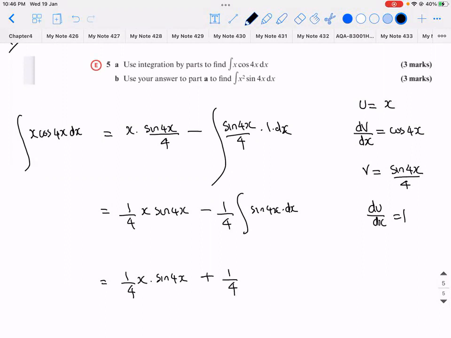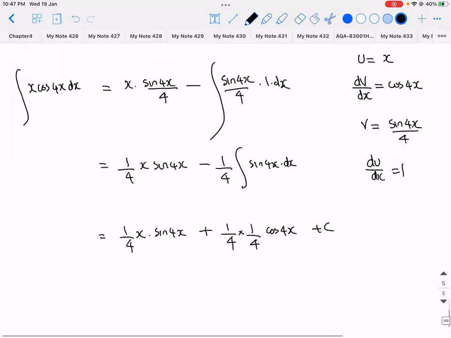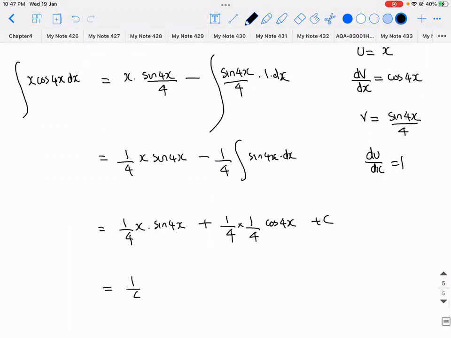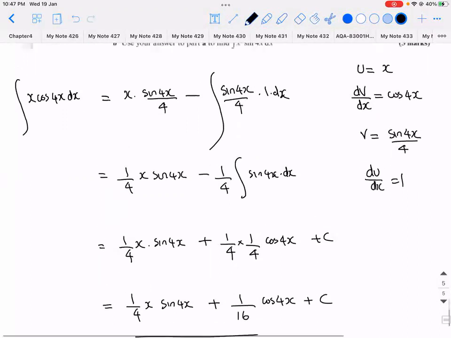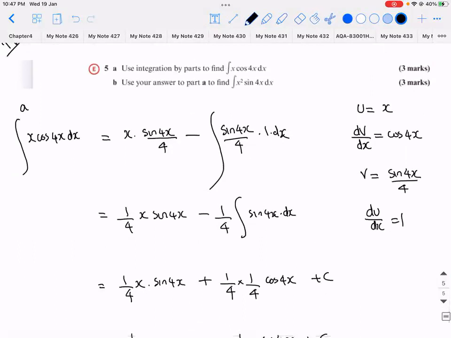It's minus cos 4x over 4, so it eventually becomes positive: 1 over 4 into 1 over 4 cos 4x plus c. So the final answer is 1 over 4 x sine 4x plus 1 over 16 cos 4x plus c. That is the answer for part A.